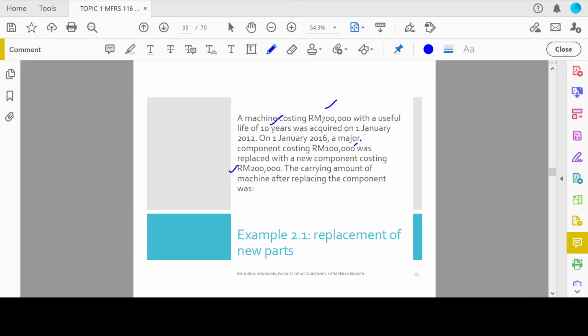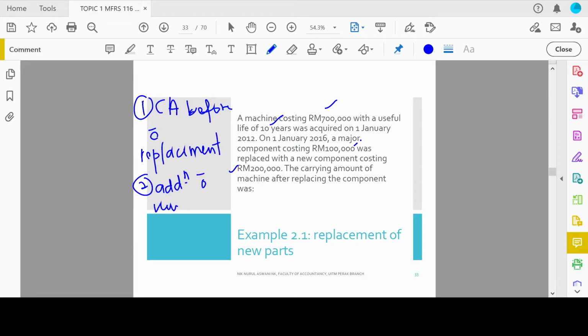So the first thing that we need to do is to find out the carrying amount before the replacement. Number 2, to record the addition of the new component.